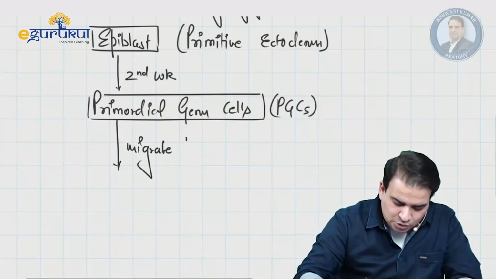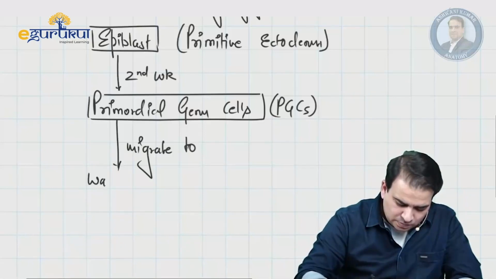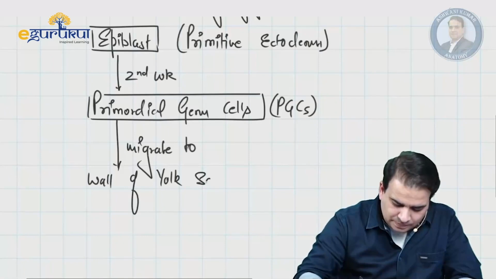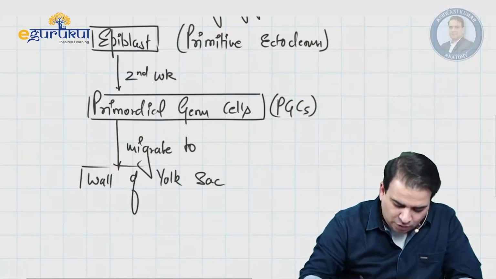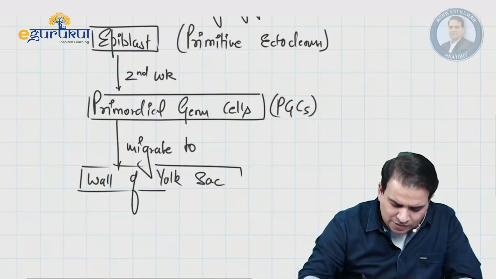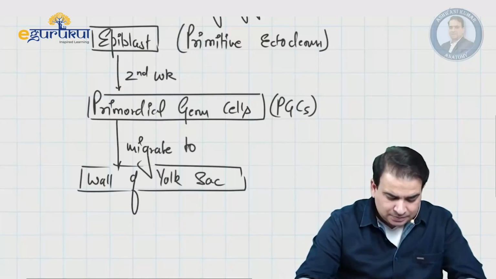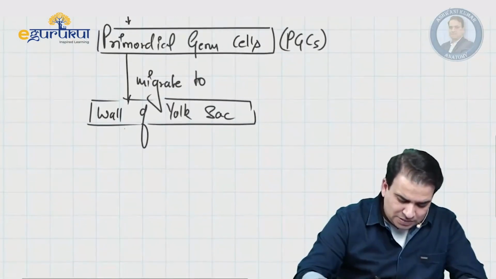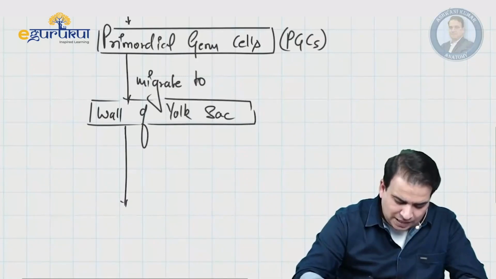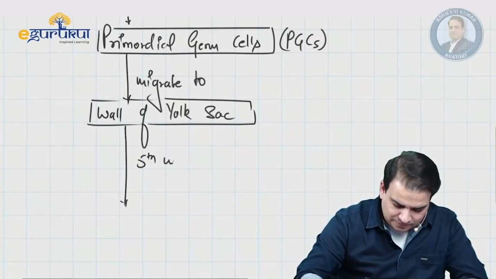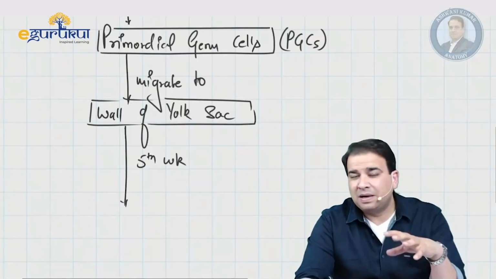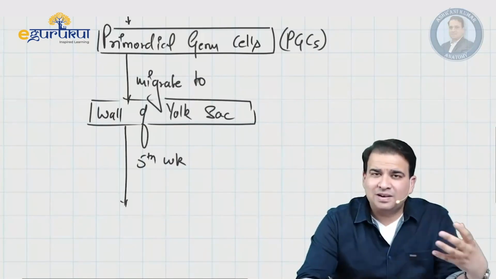But then these primordial germ cells will migrate to the wall of the yolk sac. I'll make you understand how exactly they reach the wall of the yolk sac. Once these primordial germ cells are present in the wall of the yolk sac, by the fifth week we have the gonadal ridge and everything.